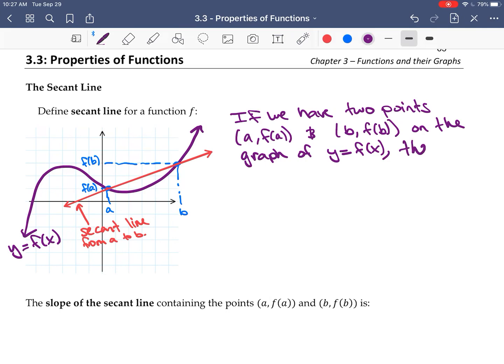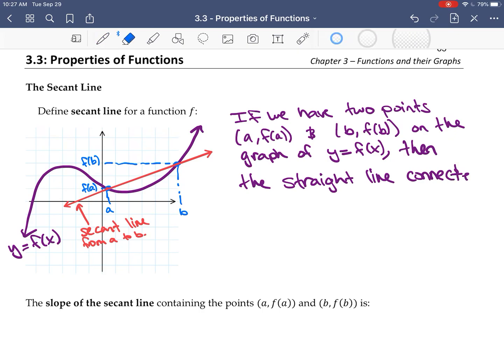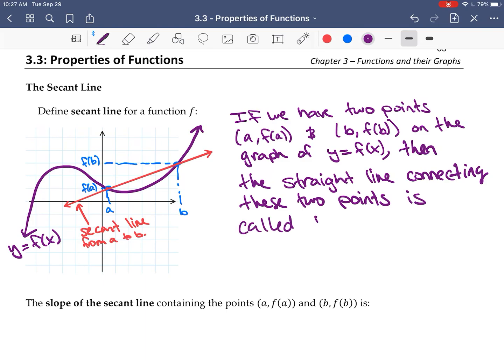Okay, then the straight line connecting these 2 points is called the secant line. Okay, so that's how you find a secant line.